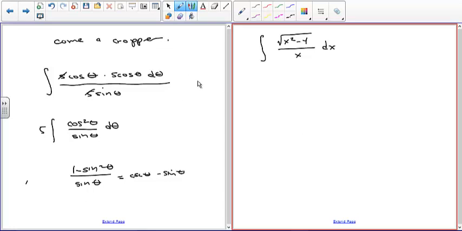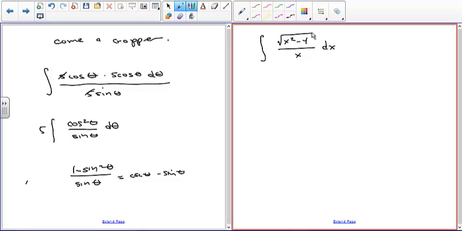So this one should look kind of similar to the one we just did, except we have x squared minus 4, which means we don't use the sine. So which substitution do we use? What do you think, Elias? It would be secant. Secant, yeah. So let's make your triangle.